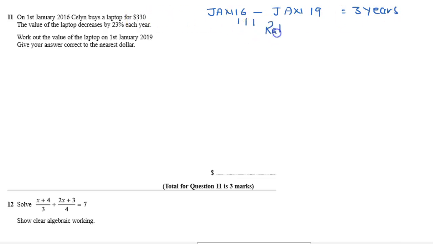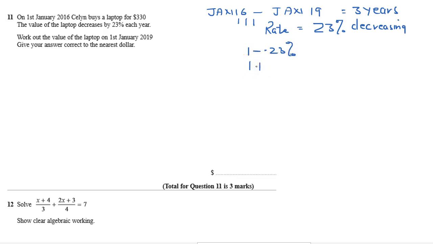Rate is 23% decreasing. Always remember this is decreasing constantly, and we have to find after 3 years. So if the rate is decreasing, it will be 1 minus 0.23.